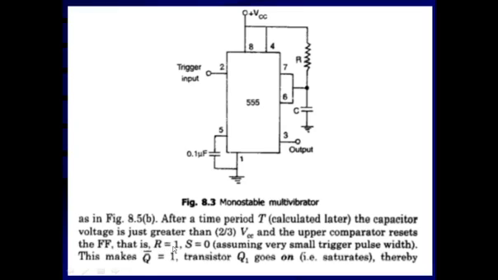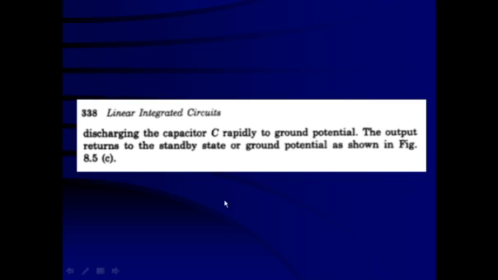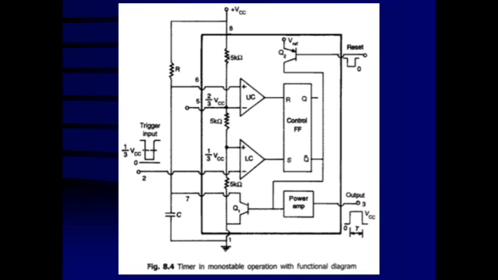Thus R is equal to 1 and S is equal to 0, assuming a very small trigger pulse width. This makes Q bar again 1, and transistor Q1 is again on, or saturated, thereby discharging capacitor C rapidly to the ground potential. Thus the output returns to the standby or stable state, or ground potential, as shown in figure 8.5c.